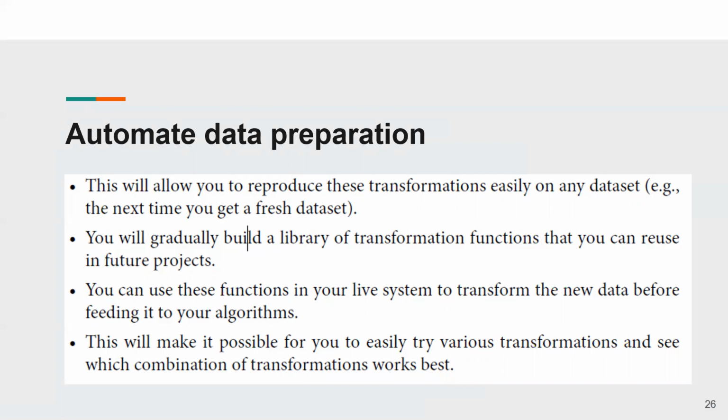So you would automate the data preparation. It makes it easier for you to experiment on different variables if you want to do all kinds of transformations. So essentially you will build a library of transformation functions that you can reuse in future projects.